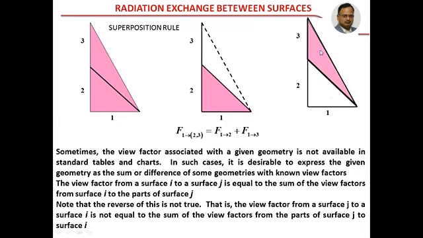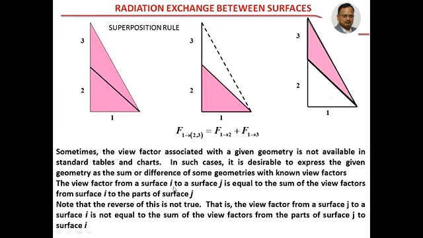So like this, F1 to 2,3 equals F12 plus F13. So if the view factor associated with a given geometry is not available in standard tables and charts, under such circumstances it is desirable to express the given geometry as the sum or differences of some other geometries with known view factors.